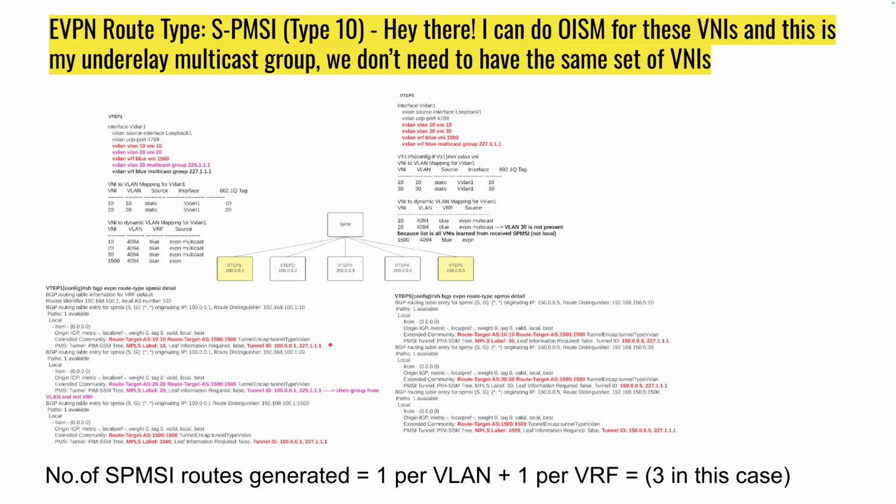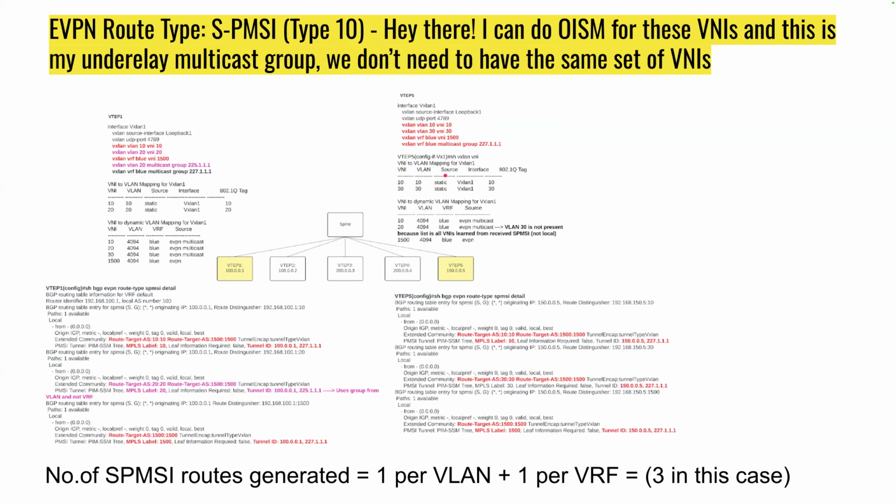And there is one important output that I would like to discuss here, which is very important for this OISM to work. That is the show vxlan vni output. This part is created as soon as we configure VXLAN VLAN mappings.